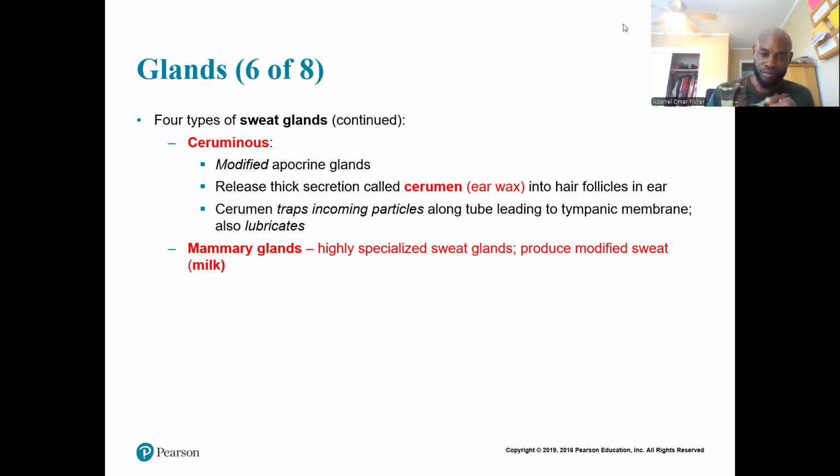a ceruminous gland. And you also have mammary glands. And I know some people say, well, wait a minute, a mammary gland is a sweat gland? It's considered a sweat gland, a specialized sweat gland, which produces a modified sweat. Remember, these are vesicles from the inside of the cell that are released into something or onto a surface.